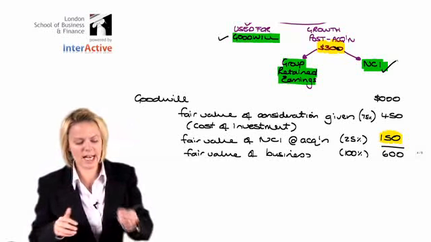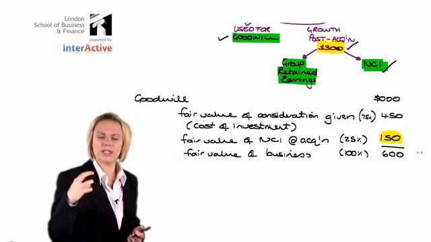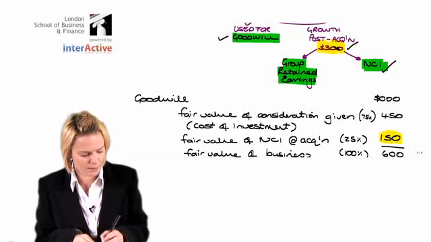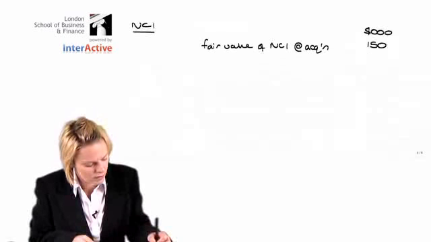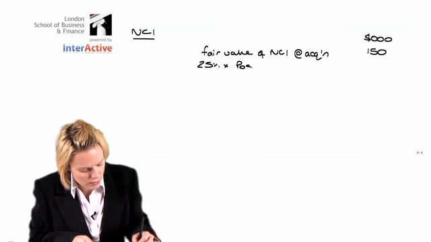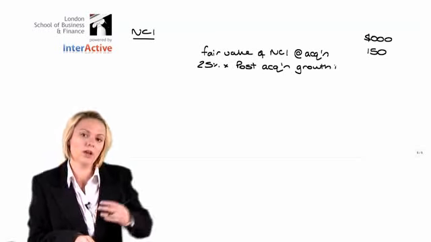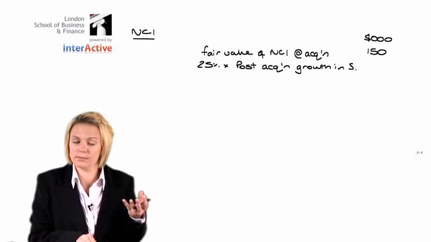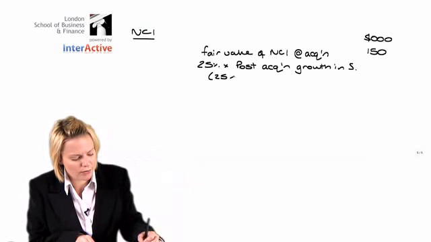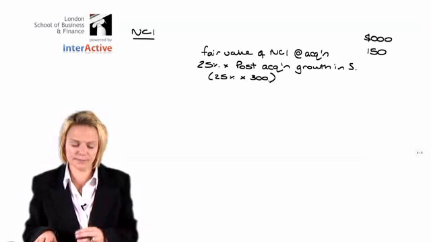So, we are going to take 25%, the NCI share of the subsidiary's post-acquisition growth, which we said was 300 from the net assets list. So, 25% of post-acquisition growth in the subsidiary will increase the value of their investment post-acquisition. So we're going to take 25% of 300, and that is, of course, going to give us 75.